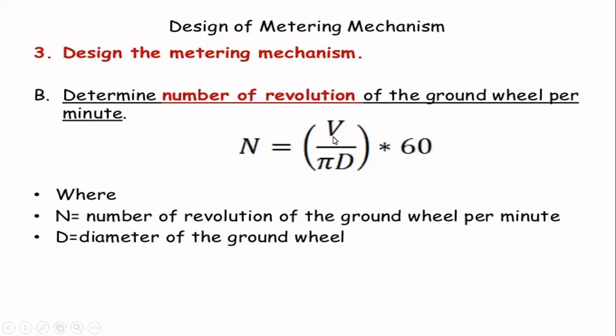The velocity is equal to pi d n, where pi is a constant, d is the diameter and n is revolutions per minute. Revolutions per minute is V over pi d, then multiply by 60 and you get the number of revolutions. So write down this equation also: velocity over pi d, the diameter of the ground wheel, multiplied by 60.